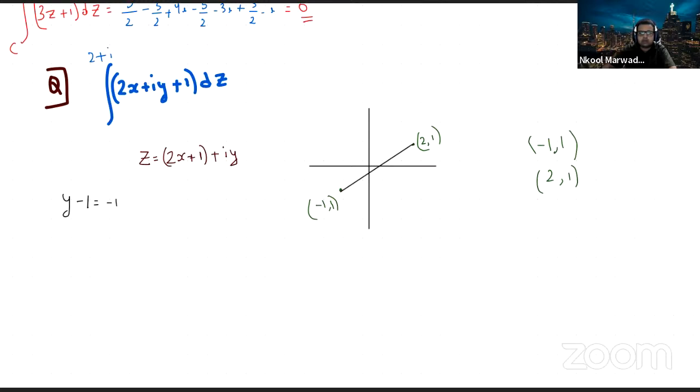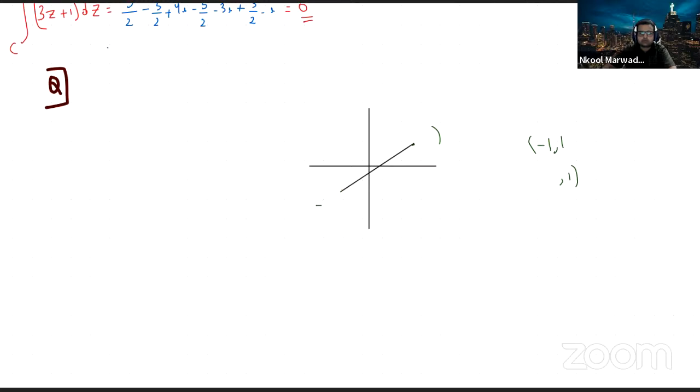Then we will also solve that question. Contour integrals. The question is something like this.